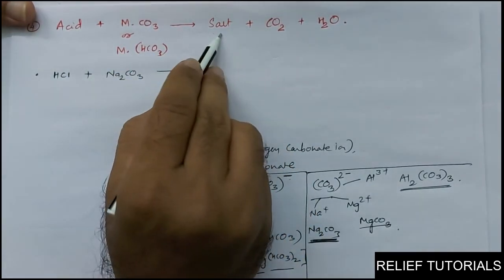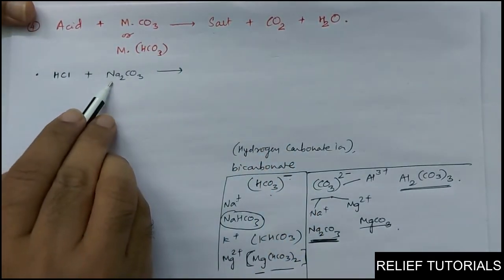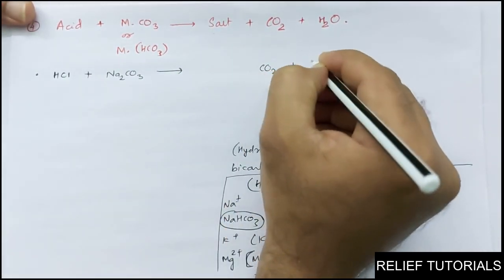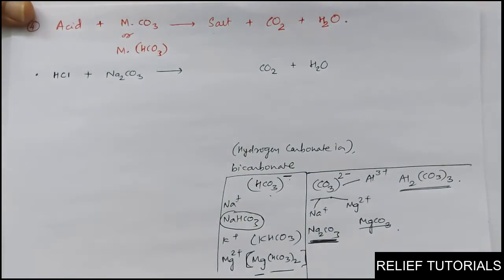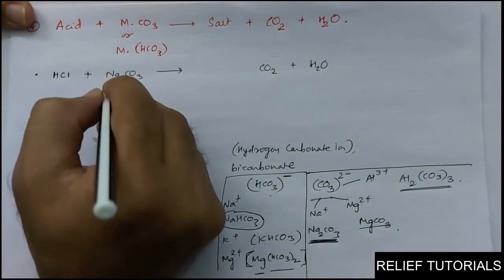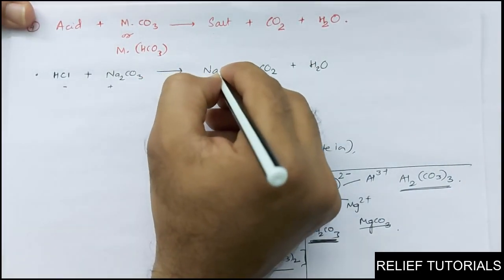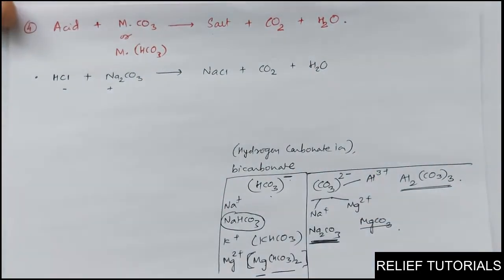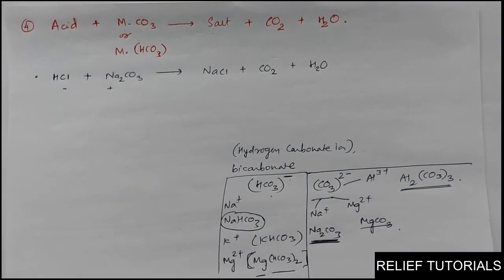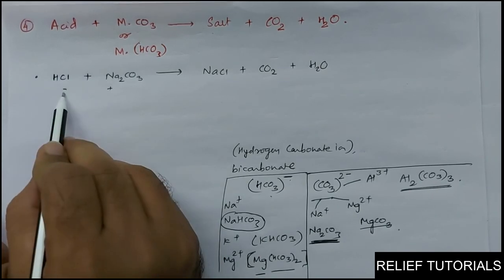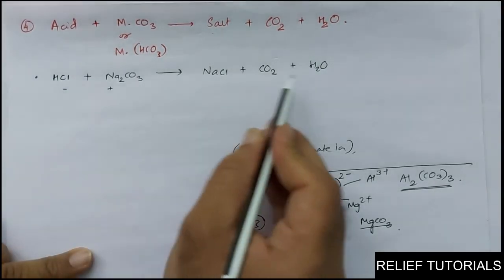It forms salt obtained from this positive and this negative, and CO2 and H2O are fixed products. So Na plus reacts with Cl minus, it forms NaCl. Is that clear? So Na plus Cl minus forms NaCl, CO2 and H2O.